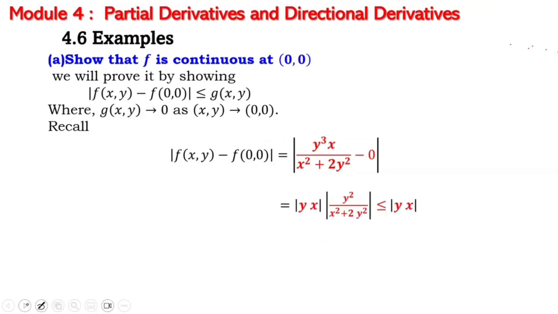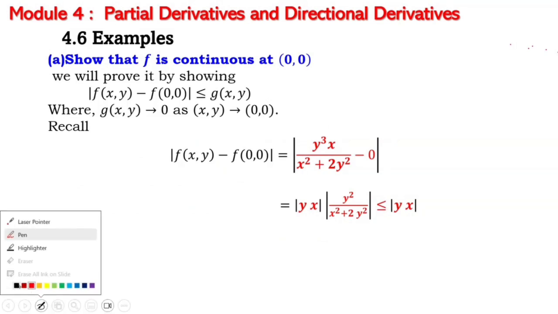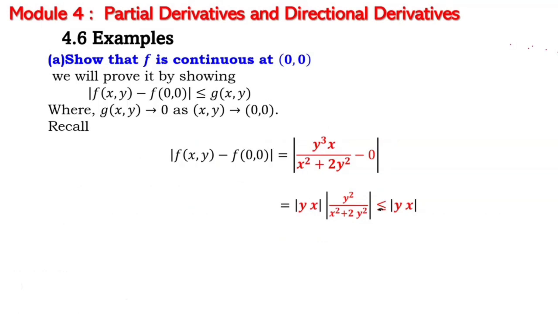Again with the same logic we can say that this is less than |yx|. By the same logic as we saw in the previous example, y^2 over (x^2 plus 2y^2) is less than or equal to half, and less than 1.